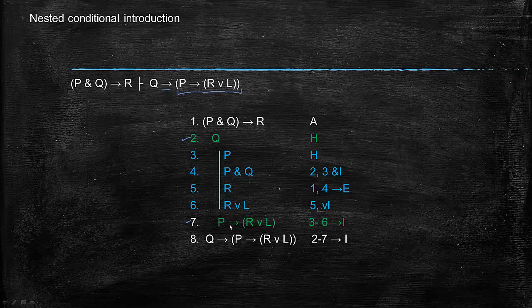Q, P, then R or L. So if Q, then if P, then R or L. And we drop a line discharging the first hypothesis. And so now we've actually demonstrated the conclusion, if Q, then if P, then R or L. And if you look at the proof, you'll see that this hypothesis is nested or contained in the first hypothesis.